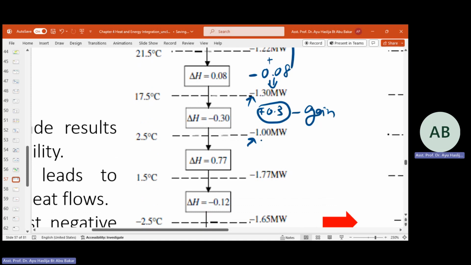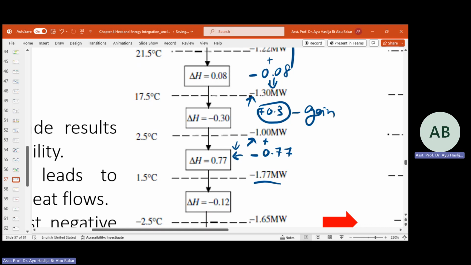Now moving downward over here, next box, positive 0.77 means you need to supply 0.77. So the initial one, negative 1, that you need to supply, then add 0.77 more that you need to supply.